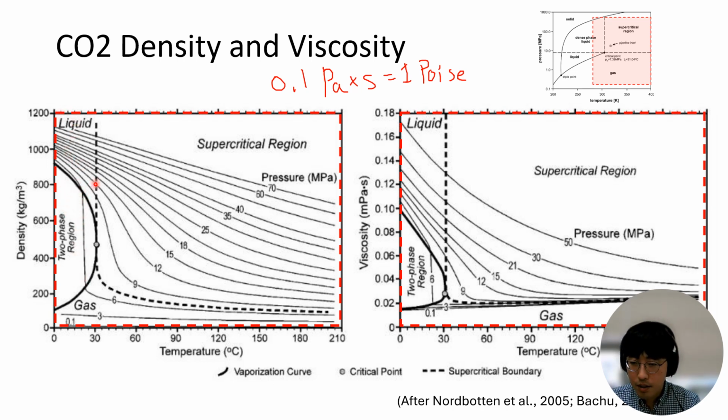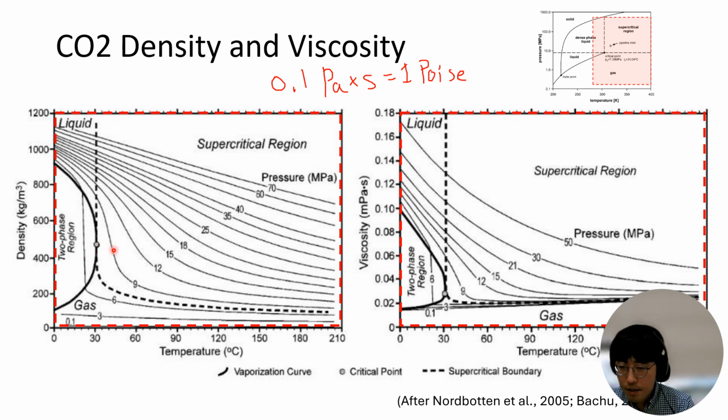This part is the liquid, and this part is the gas. And of course, in the gas state, it's much less dense than the liquid. And this point on the top of the crest of this two-phase region is the critical point. And this critical point is shown here too. So they are the same critical point, and this dashed line is the same as this dashed line, which you can see from the top.